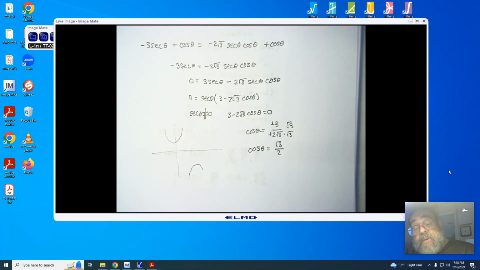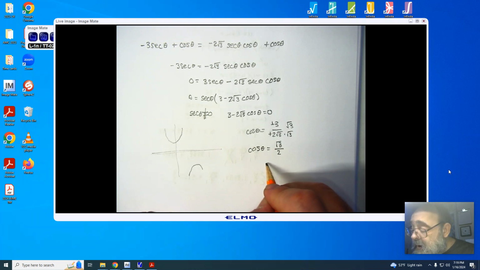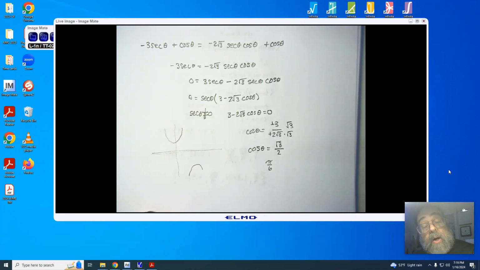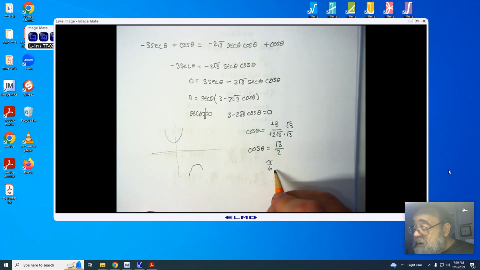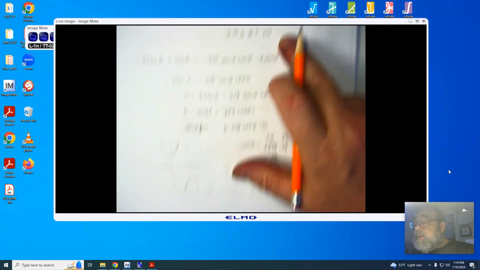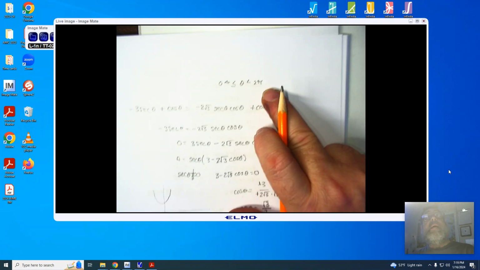Well, we know cosine is going to be equal to root 3 over 2 at a reference angle of pi over 6. This happens in the first quadrant and the fourth quadrant, so the two answers are pi over 6 and 11 pi over 6. And those are my two solutions between 0 and 2 pi.